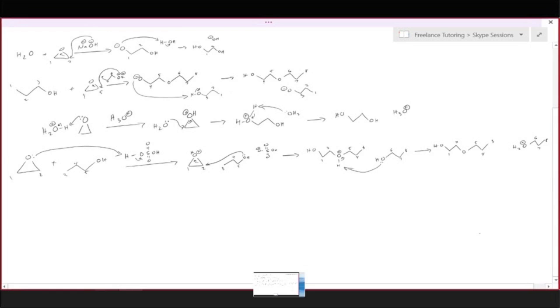Okay, good. How many steps were there? Three? Really only three steps, but it was a long molecule, so it took up a lot of space.